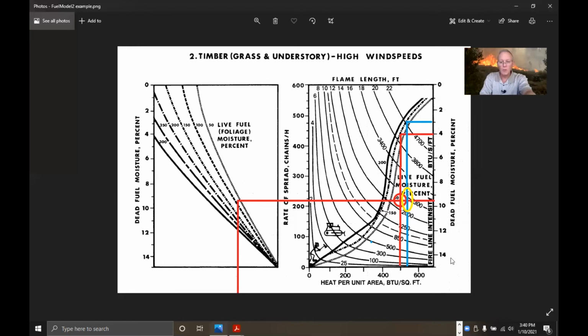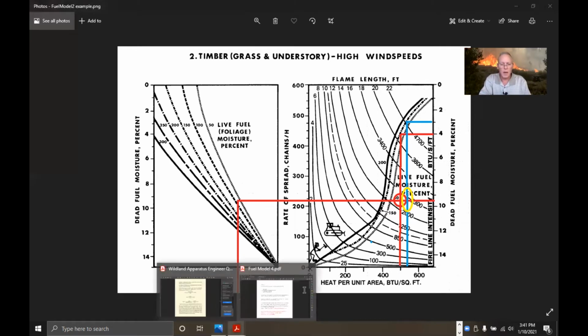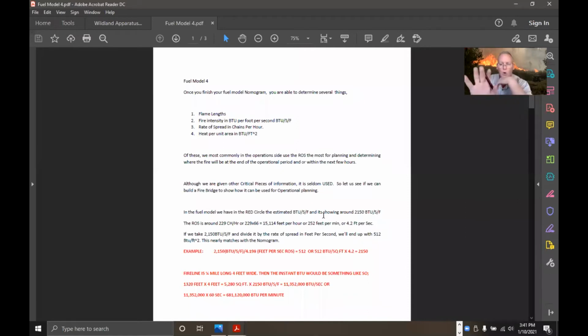Okay, so now that we've got that, remember that. So getting back to our usefulness here. If you look at the fire over here, picture that and imagine that this is the fire that we're looking at here on that nomogram. Let's say it's the same fuel model, okay?